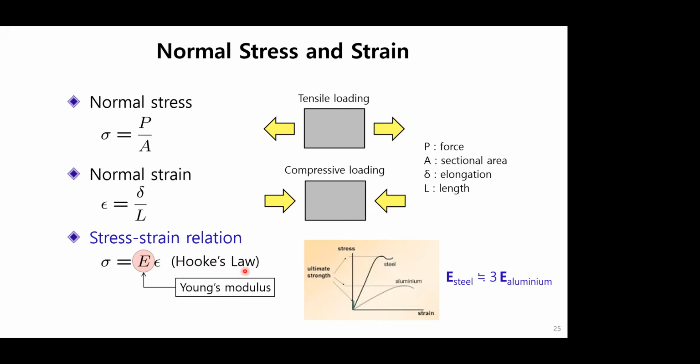Bigger force is needed to make the same elongation. In case of steel and aluminum, generally Young's modulus of steel is about 3 times bigger than aluminum. So we use steel for the structure undergoing large loading, because steel deforms 3 times less than aluminum and resists 3 times more force than aluminum.